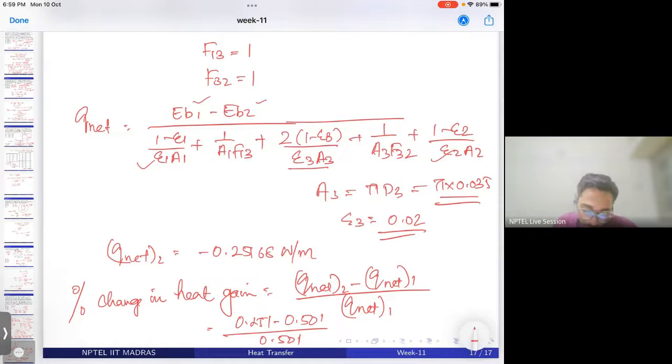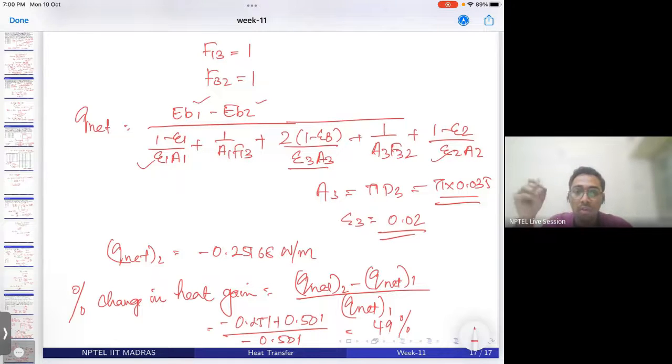Even if you put the negative sign, both are anyway negative, so you will get the same percentage. So the answer will be 49%. I'm taking the absolute value. So there will be a 49% reduction in the heat gain that you should consider.